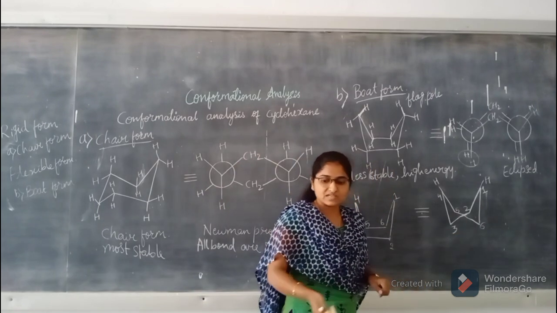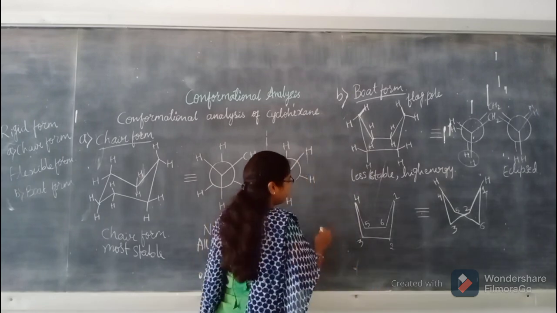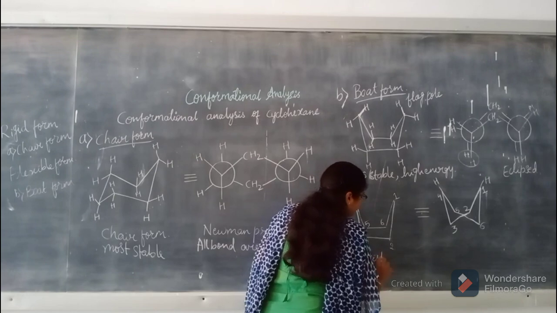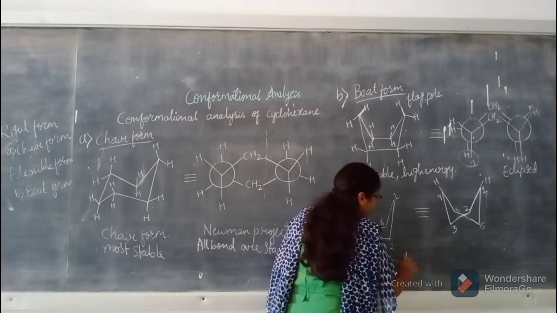This results in another form, which is called the twist boat form.